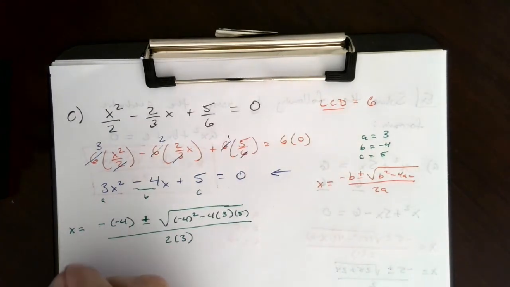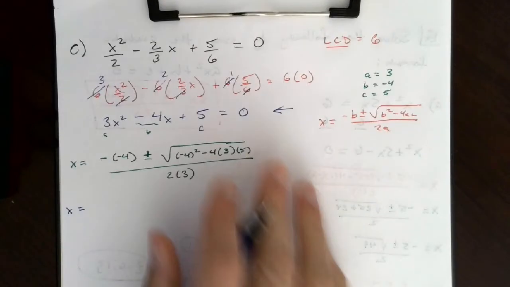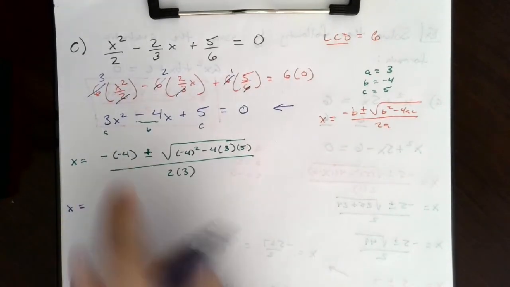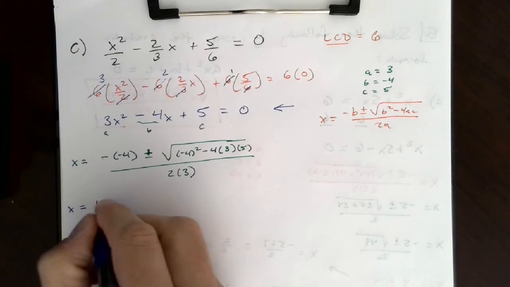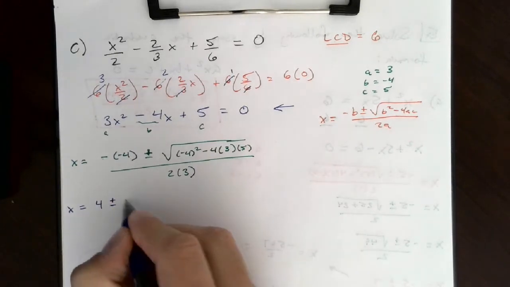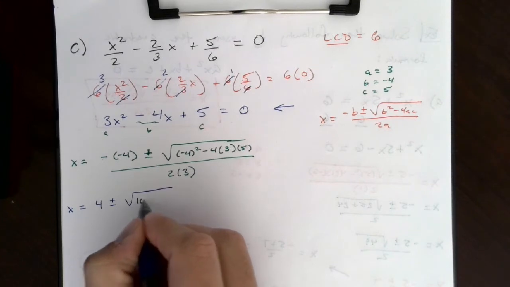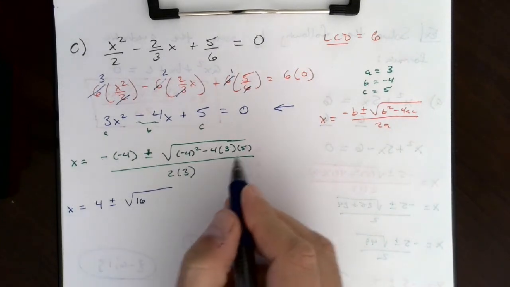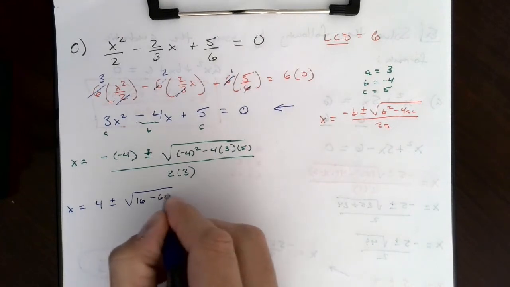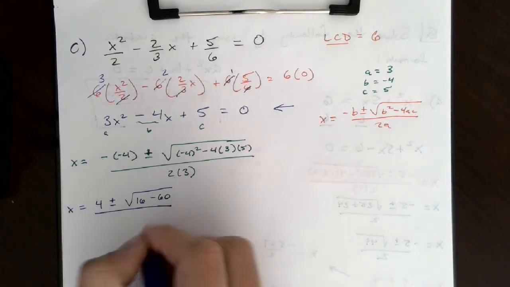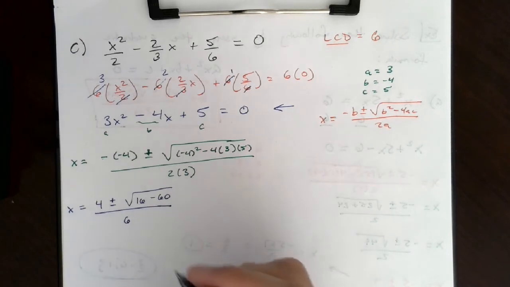And then we get x is equal to negative 4. Negative times negative makes that a positive. Make sure you make that a positive. So you get 4 plus or minus the square root of negative 4, the quantity squared, and negative squared makes that a positive 16. Negative 4 times 3 times 5. 4 times 3 is 12 times 5, so it will be negative 60. All over 2 times 3, which gives me 6.